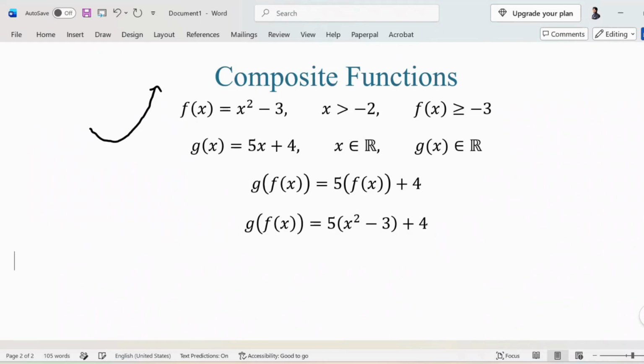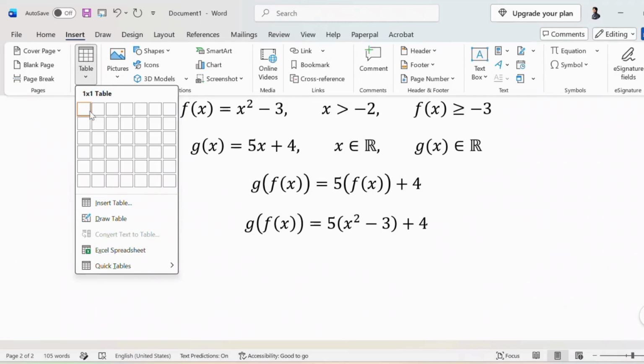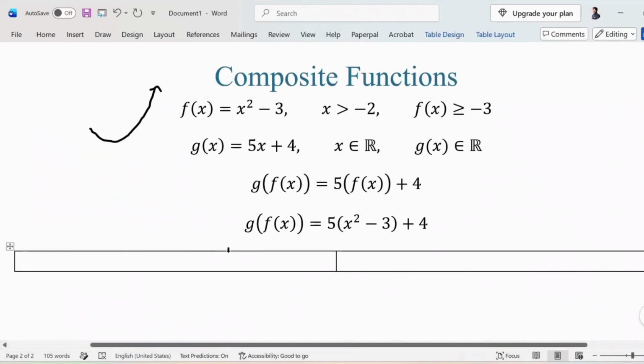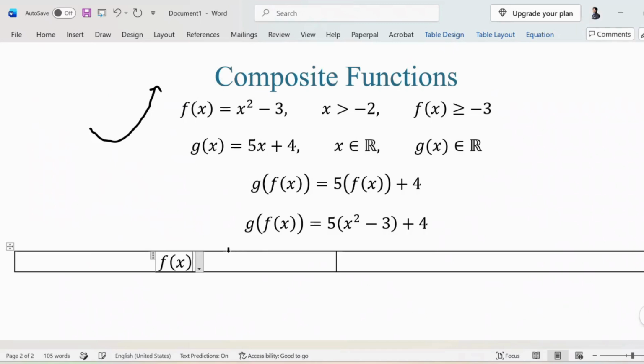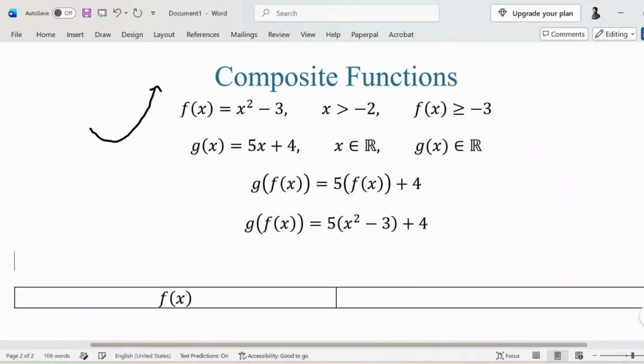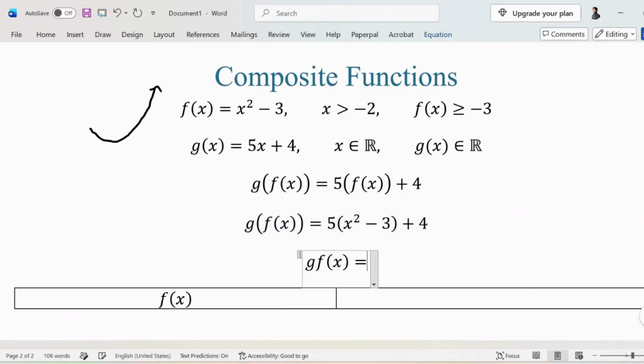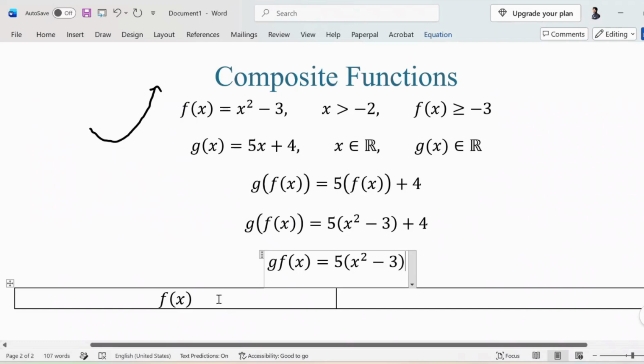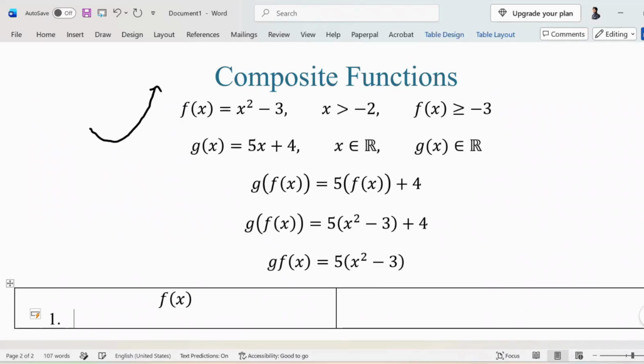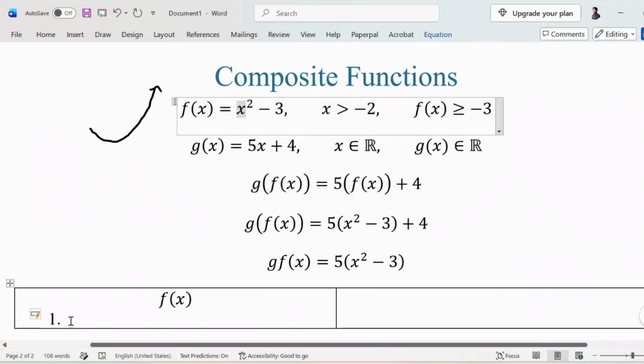Now let's talk about the sequence of operations when you look at the composite. This is what a composite function is. Instead of writing it in this way, we prefer to write it as this. Now, what were the operations of f(x)? Can you tell me what we were doing with the input in f?